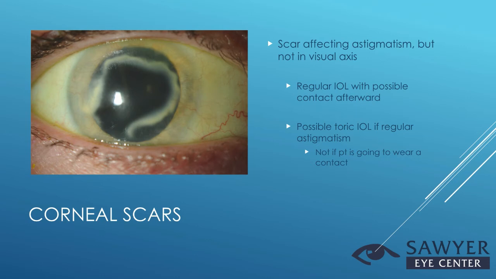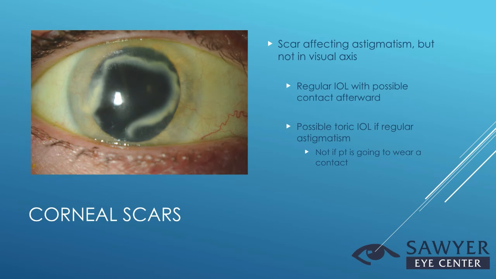So, if the scar is affecting the astigmatism, but it's not in the visual axis, then I'll either do a regular intraocular lens if the patient will wear a contact afterwards, a scleral contact or an RGP. But the far majority of my patients will not wear a scleral contact.